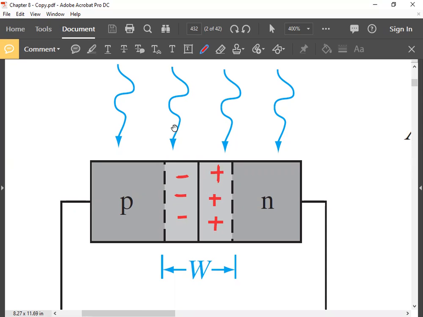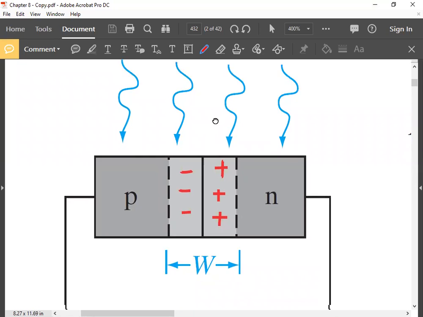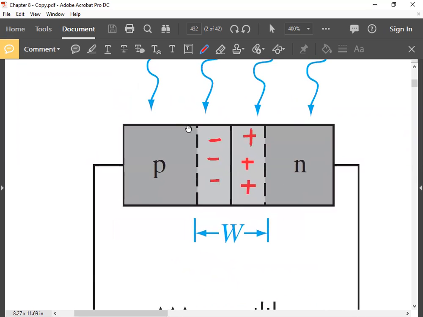So the photo generated current has the same direction as the drift component of current, right? Other than this, there will also be carriers generated within one diffusion length of this edge.